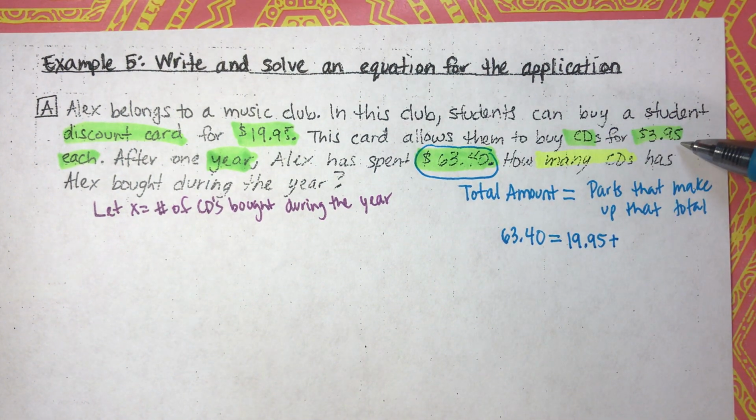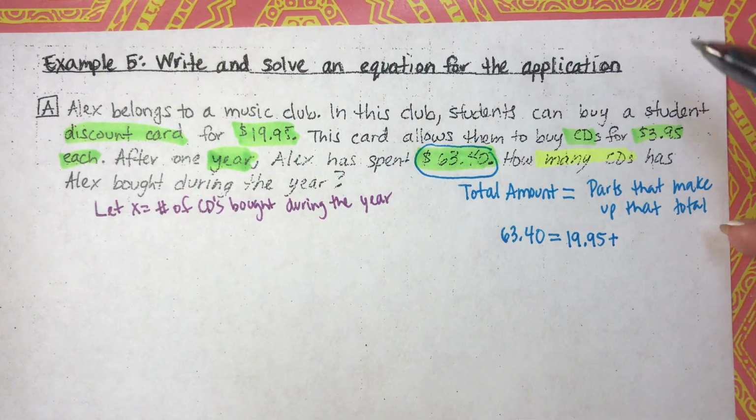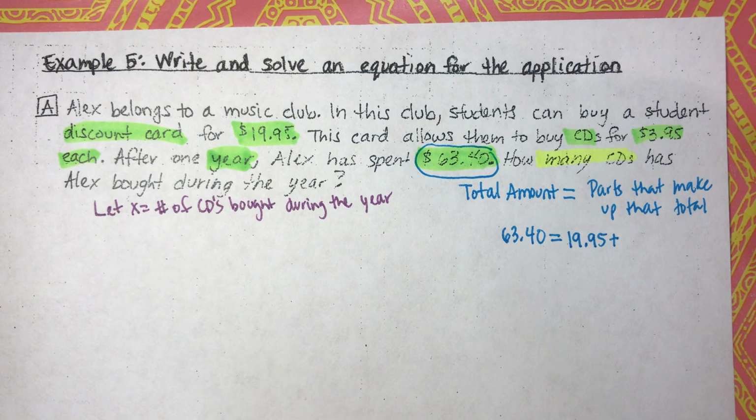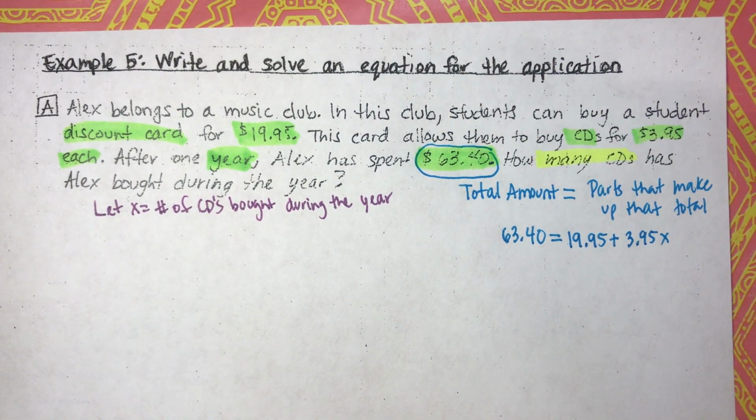And then we have this $3.95 per CD, and we don't know how many CDs, but we made a variable for that, X. So $3.95 per CD times the number of CDs is $3.95X. Then add it to the discount card, and boom, there you have your equation.